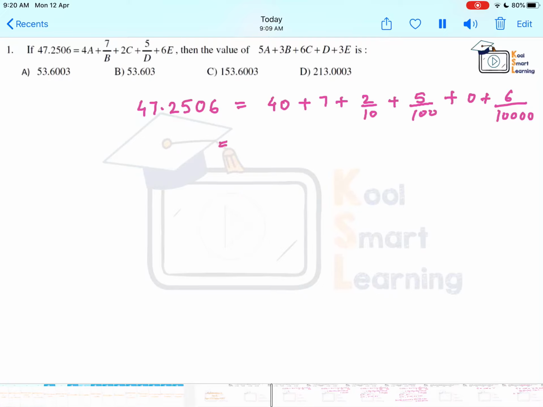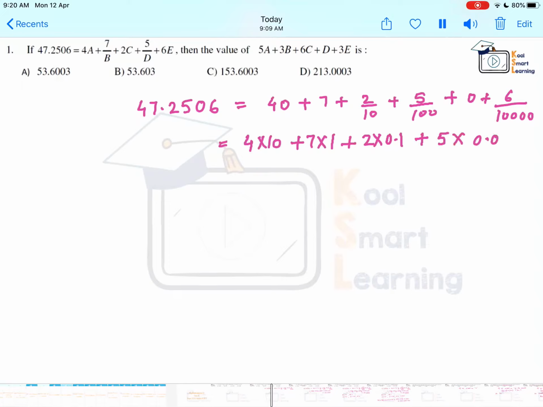So now we can say this is 4 into 10 plus 7 into 1 plus 2 into 0.1 plus 5 into 0.01 plus 6 into 0.0001. Now if we compare this with the given value, which is 4a plus 7 by b plus 2c plus 5 by d plus 6e, we can now find out the values of a, b, c, d and e.